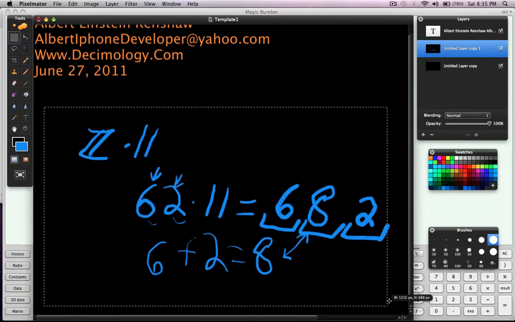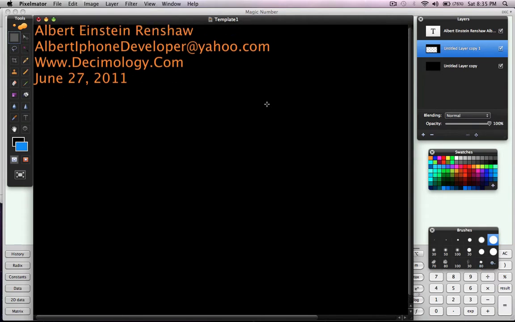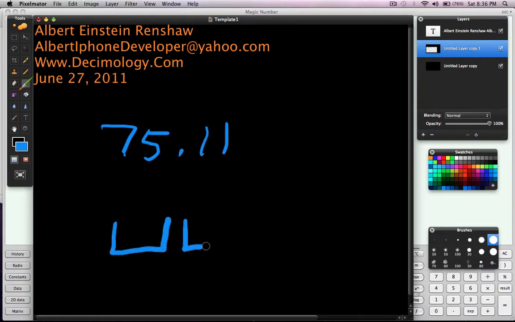Let me explain multiplying by 11 with higher digits. Let's say I use, I don't know, 75 times 11. We know the answer is going to be 3 digits. Let me write those out. The first one's going to be a 7.